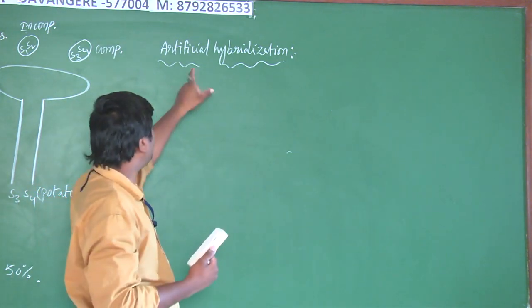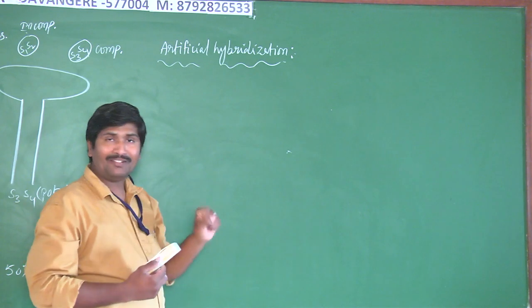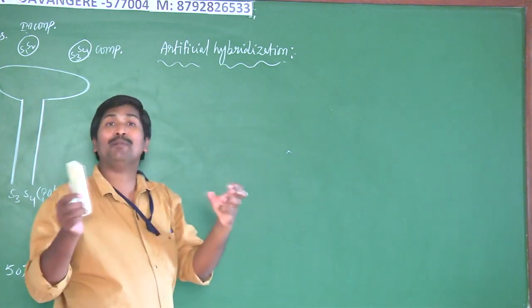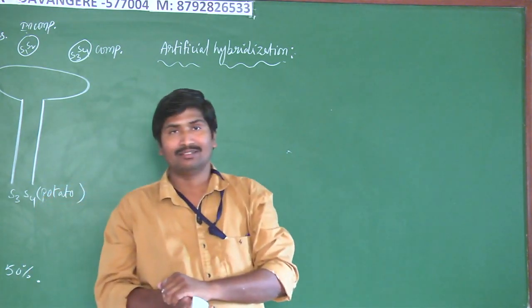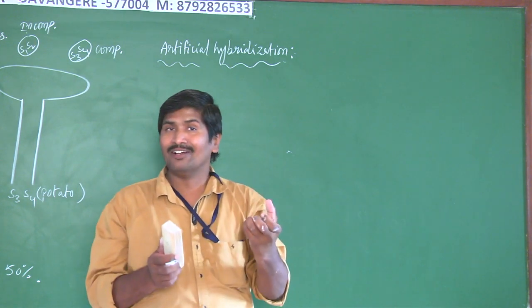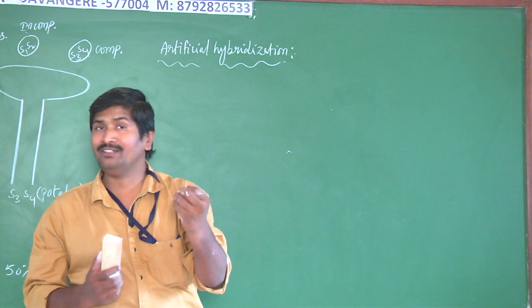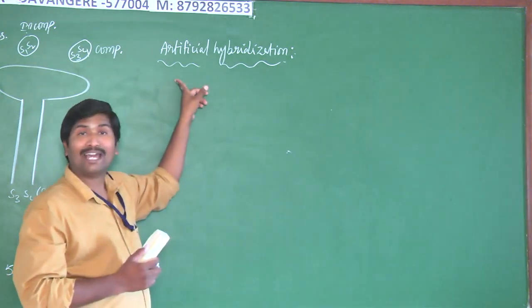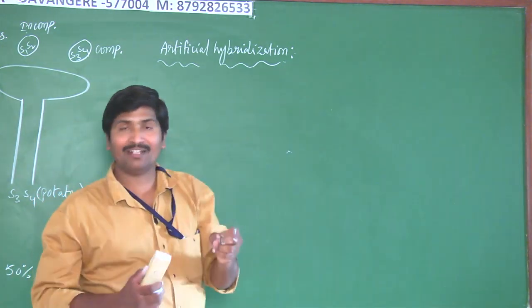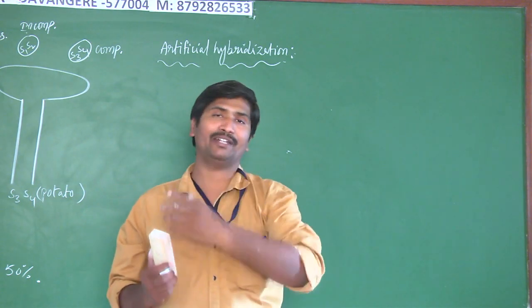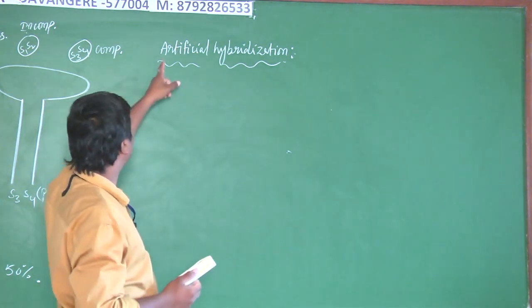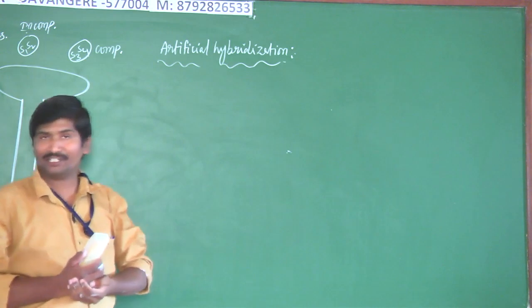Once again I repeat, artificial hybridization is a method of combining characters of varieties or species or even genera to obtain the desirable characters in a single superior hybrid.